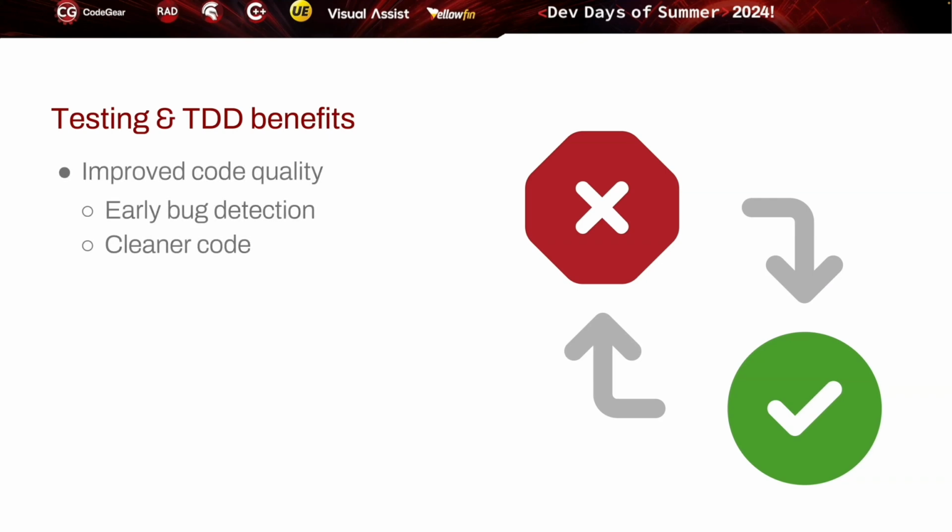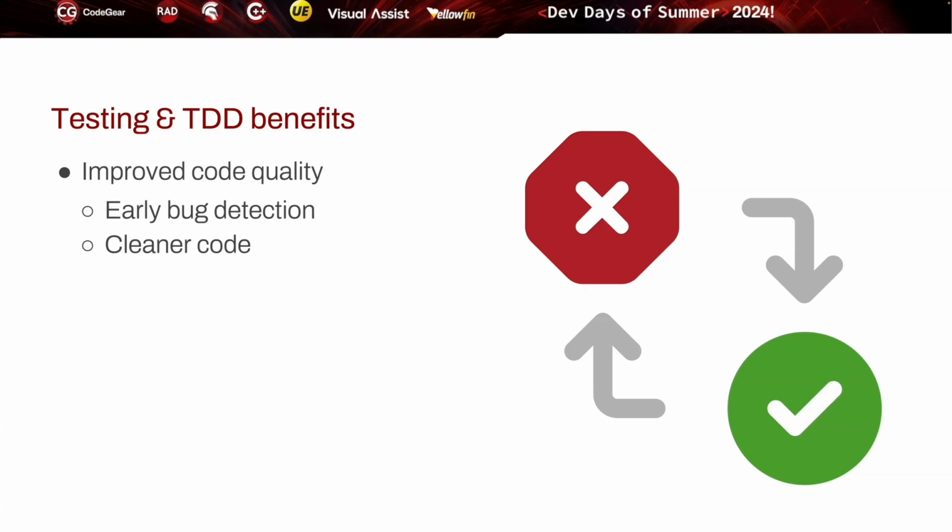And let's have a look at the benefits of testing in TDD. So in theory, you get improved code quality. If you weren't getting something out of testing, there's no point in doing it. So one of our biggest gains is improved code quality, early bug detection.